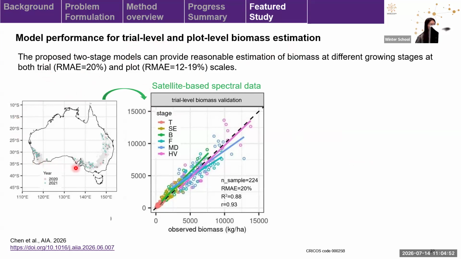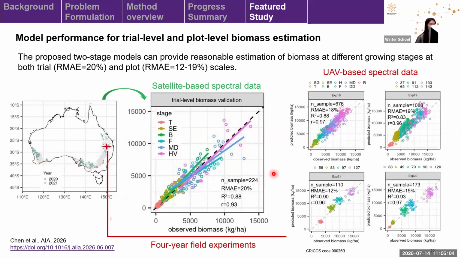As you can see here, we collected some trial level biomass across the Australian wheat belt, and the accuracy is pretty high. Reliable. We also validate our model for the plot scale biomass estimation using 4 years of field experiments conducted at the Gatton campus here.